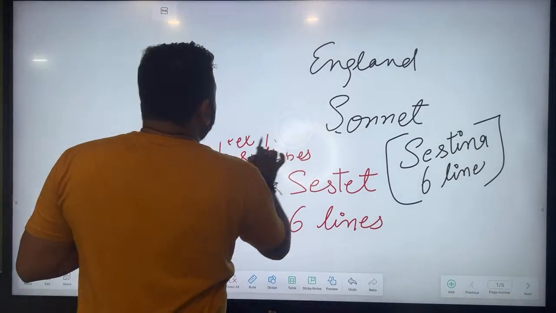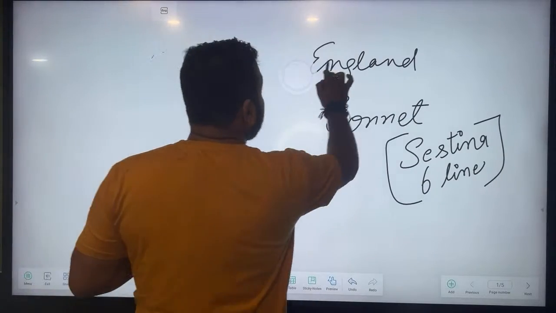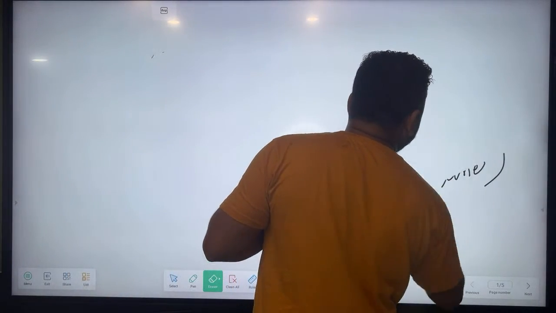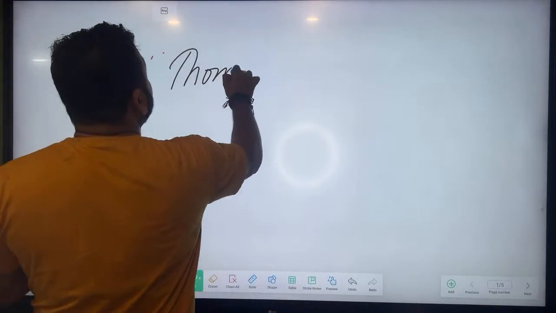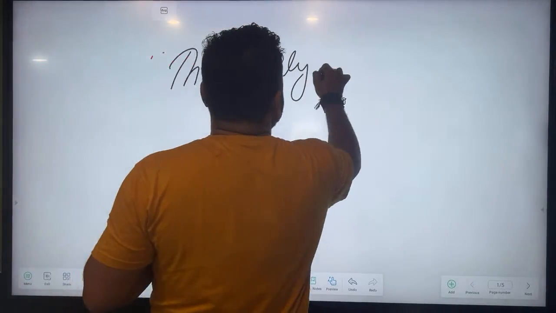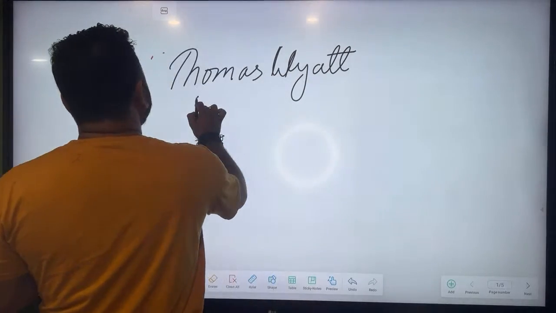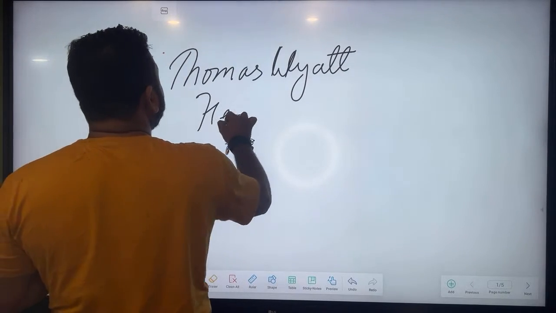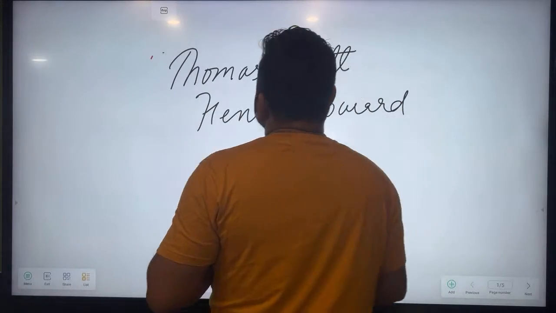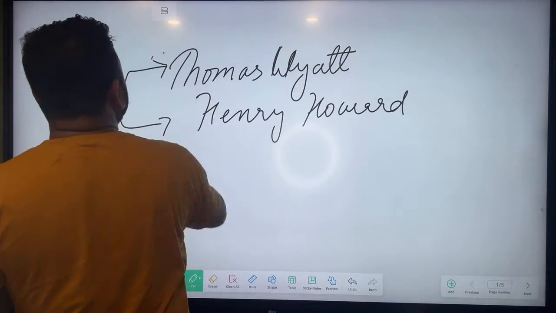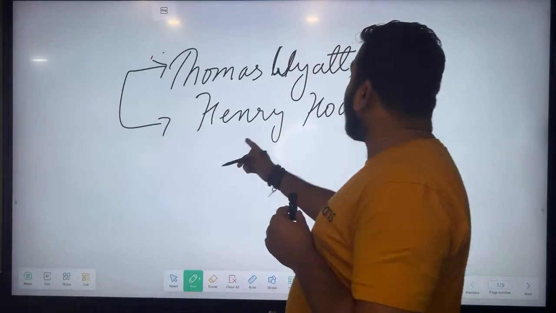Now the 14 line style was the actual style, the original style, and that was being used by Petrarch in Italy. Now, from England, these two people, the writers and diplomats, Thomas Wyatt and Henry Howard, went to Italy. Thomas Wyatt, it's W Y A T T, and Henry Howard.